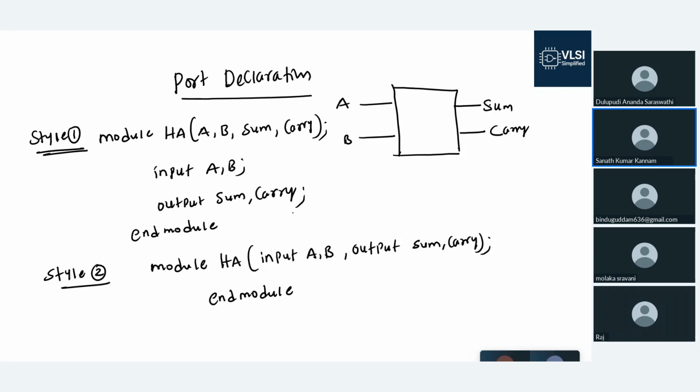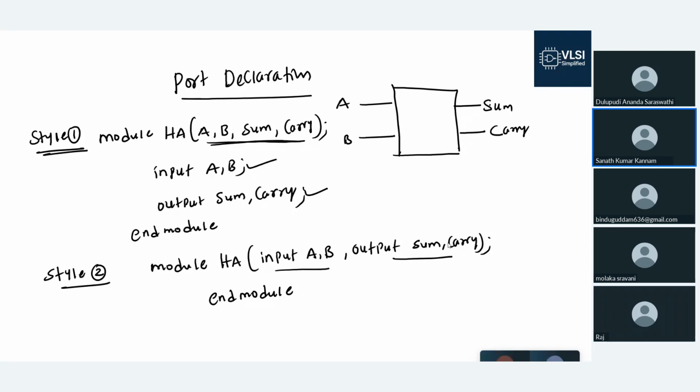So we can define the input and output separately after the port list, or we can define the inputs within the port list itself, input A comma B and output sum comma carry. Like this we can define.